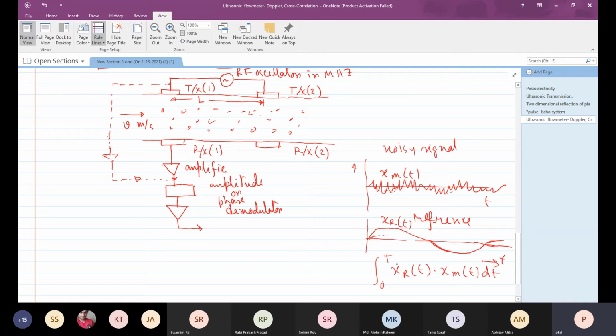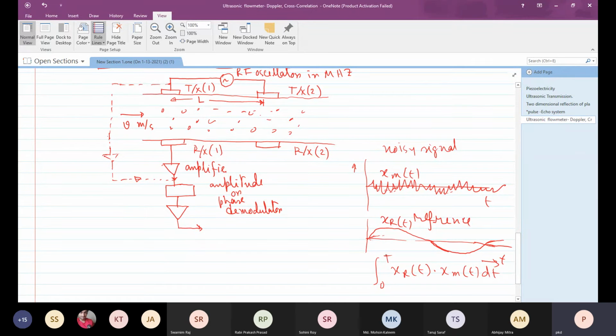If T is several time periods of this base frequency, then there will be a probability of these oscillations to be biased either to the positive side or negative side synchronously with the reference frequency.